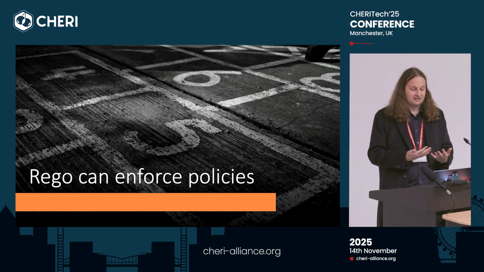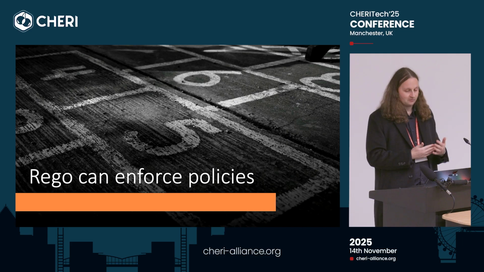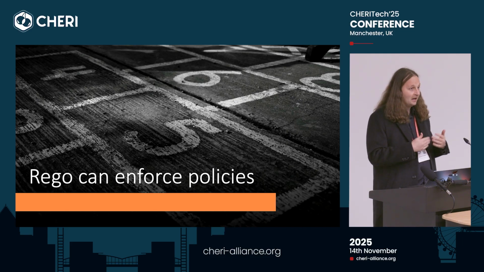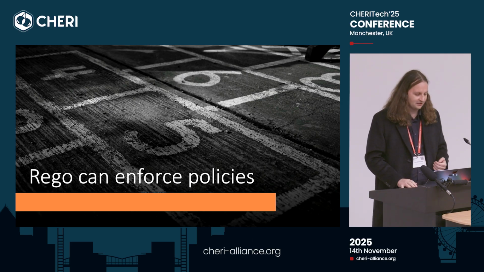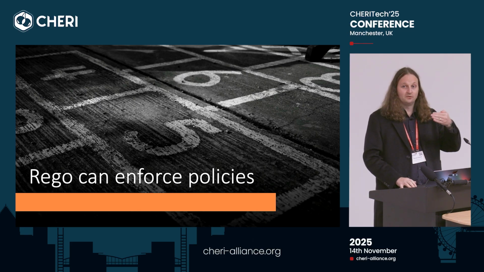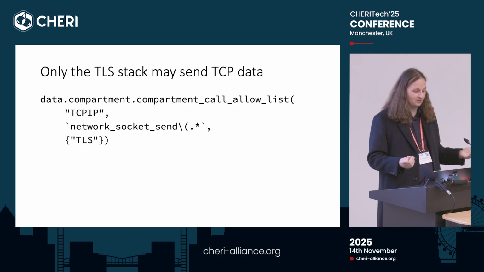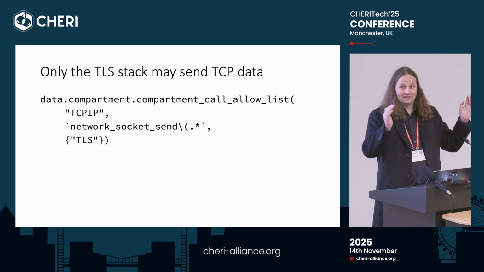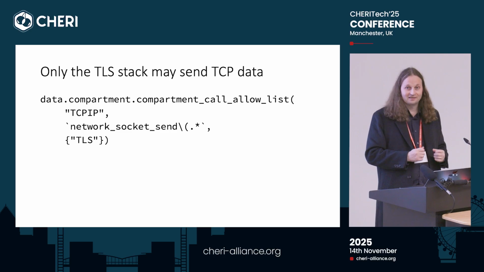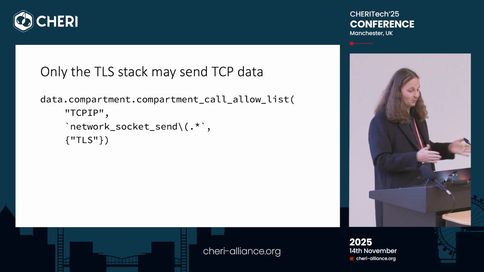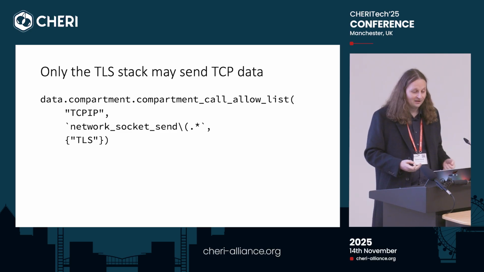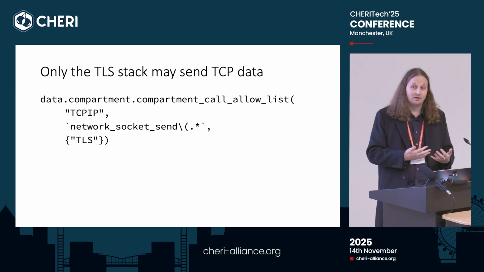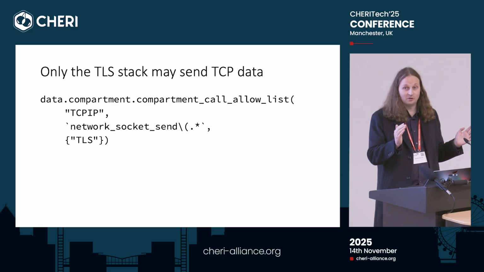And once you've done all of that introspection, you start wanting to write policies that you can use to drive code signing or CI or other kinds of automatic checks. And again, this is what the audit tooling was supposed to do. So if you want to say, well, that list that I had of just the TLS stack, that is the correct answer, and that must always be the correct answer, you can say the allow list for calling this function from the TCP/IP stack is the TLS compartment.